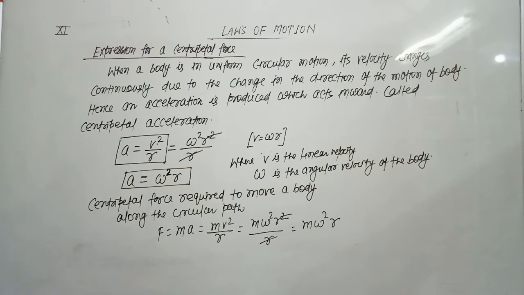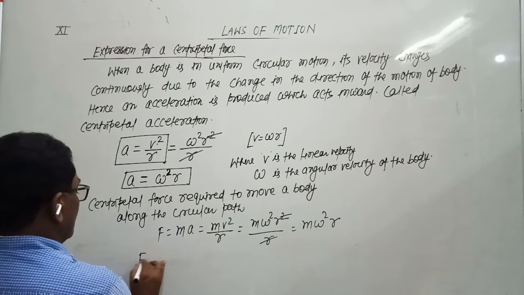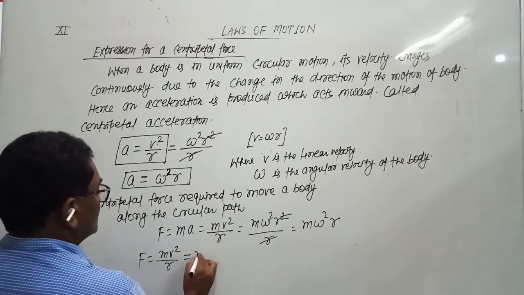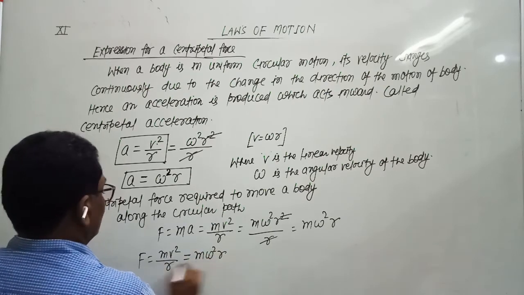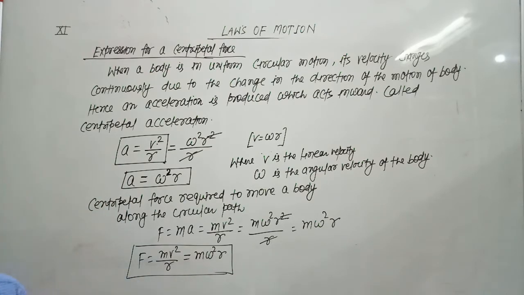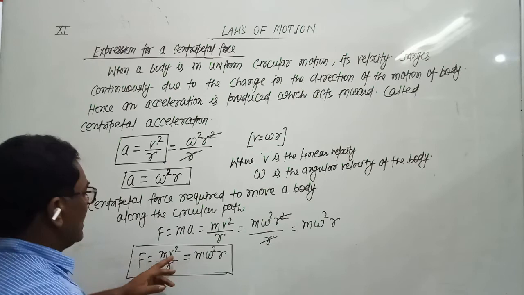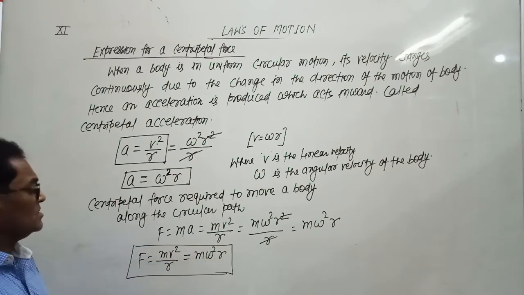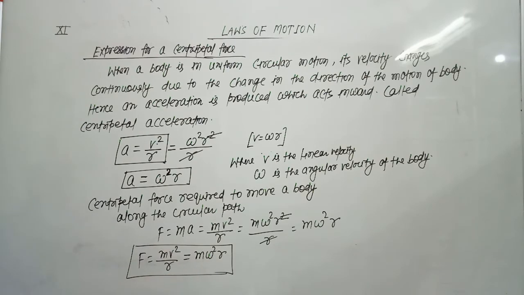So centripetal force F equals m v square by r, which in turn equals m omega square r.